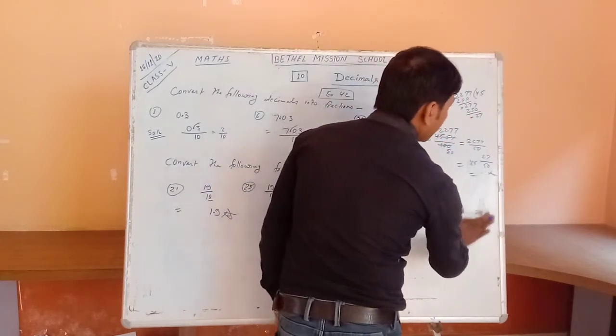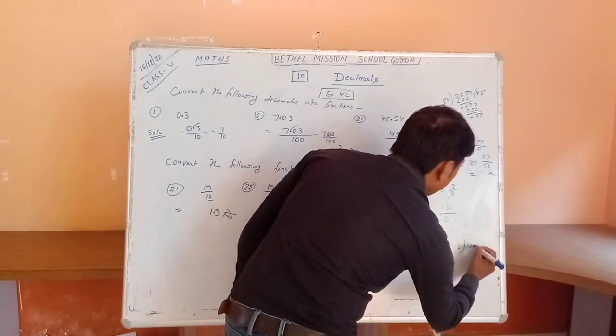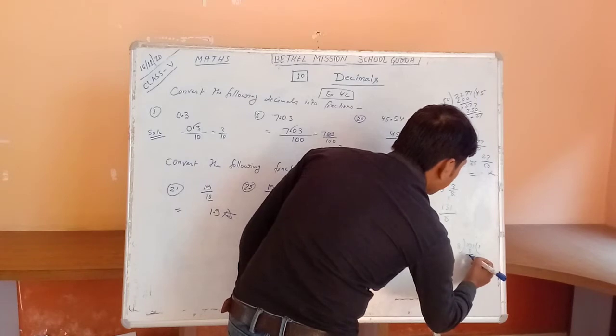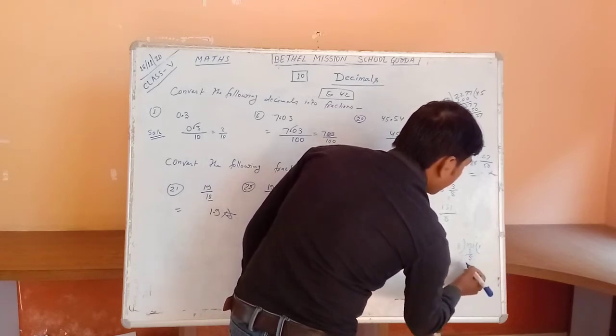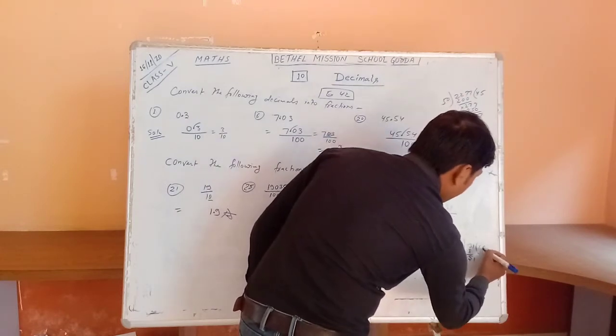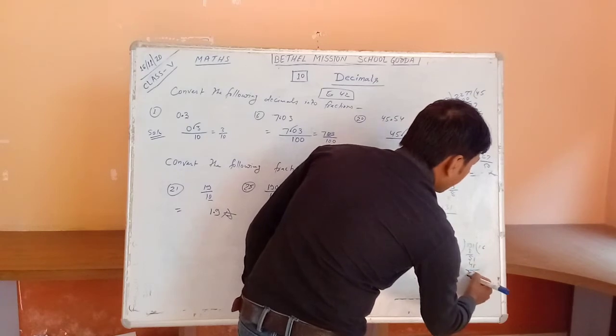Okay, 131 by 8. Now you can divide 131 by 8. 8 times 1 is 8, then 5 and 1 make 51, 8 times 6 is 48, and 3 remainder.